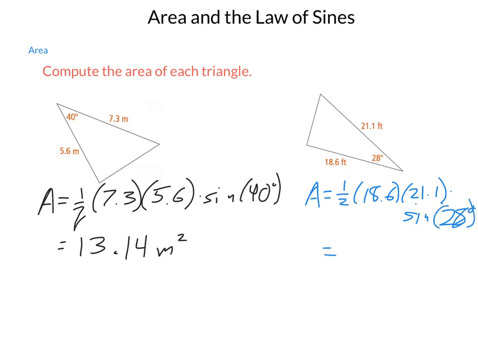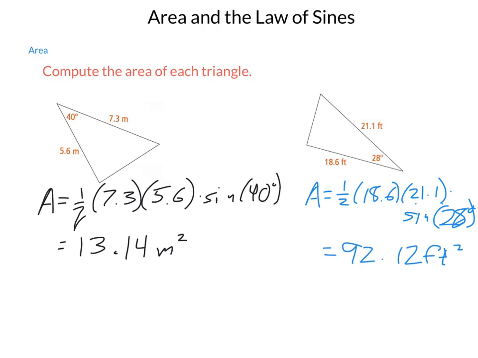And again, running that through our calculator will give us an area of approximately 92.12 feet squared. And of course, including units and making sure, because it's area, those units are squared, we want to label all the pieces possible. If no units are given, simply say units squared.